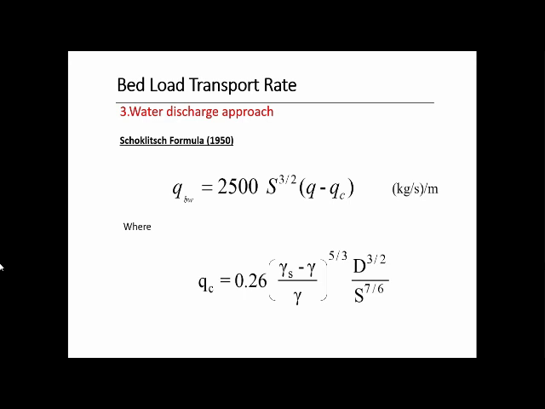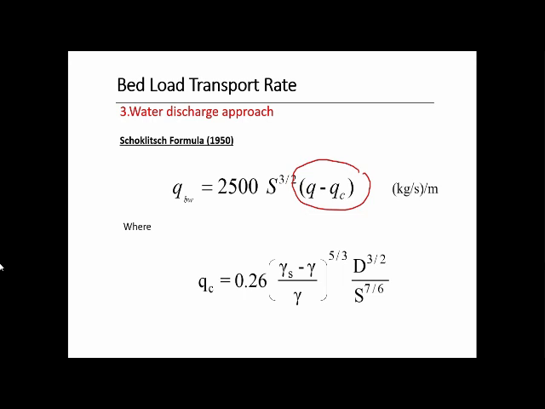The simplest one, which in this case is this Scottish approach, which directly gives you these equations: equals 2500 multiplied by the slope. This is the bed slope, dia bukan energy slope. The bed slope, power of 3/2, multiplied by the water discharge. Yeah? So we call it the excess water discharge approach.